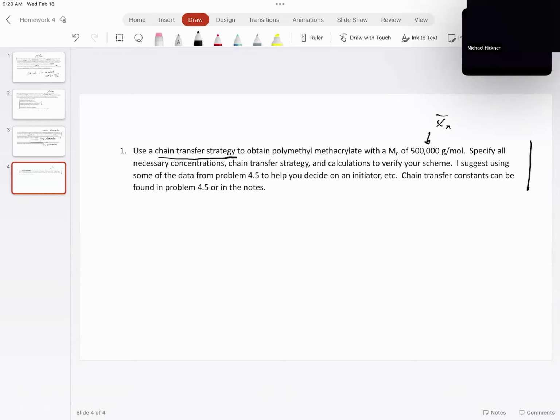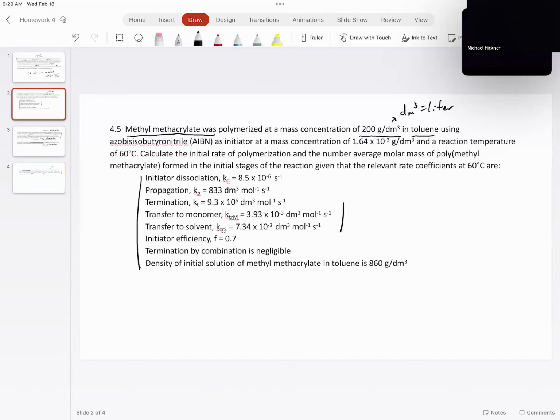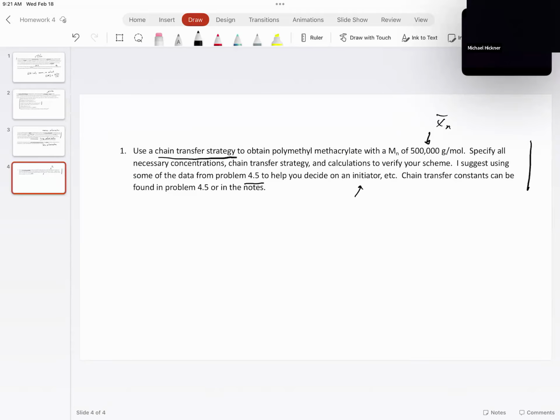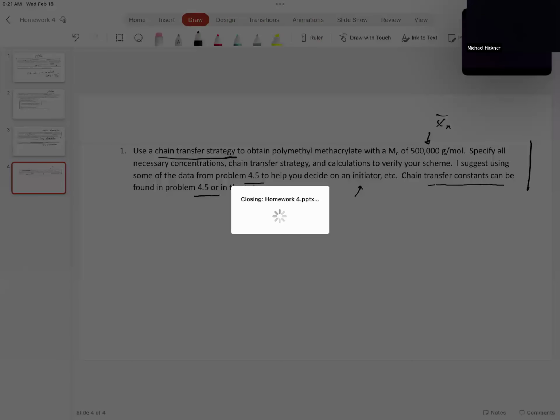And so this is a little bit more open-ended. You can use some of the data from problem 4-5. So you can start with something like this, and then you really want to take a look at the chain transfer constants in the notes. And so you can borrow from the previous homework, or if you look at the Mayo-Walling equation, we'll go back to that.